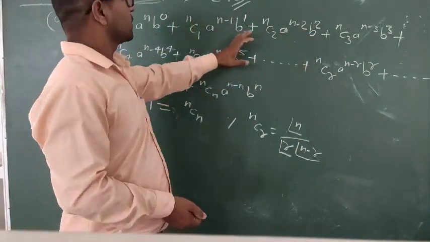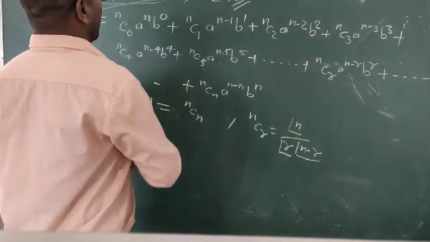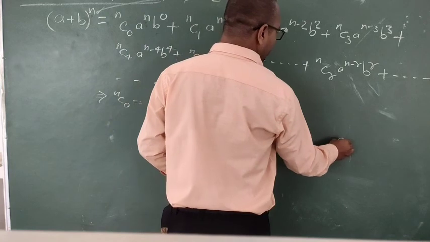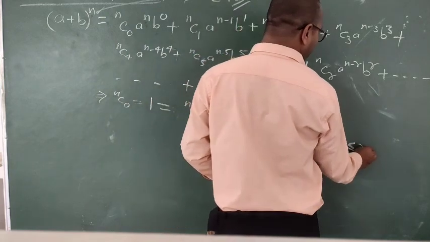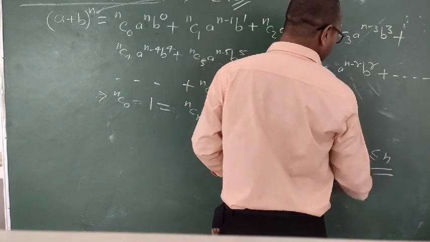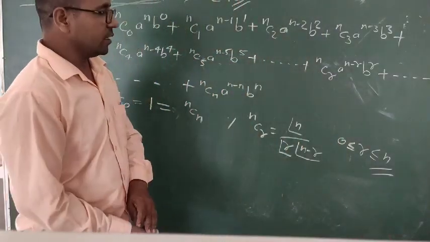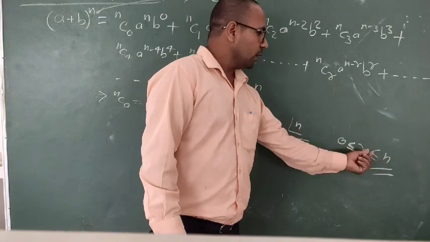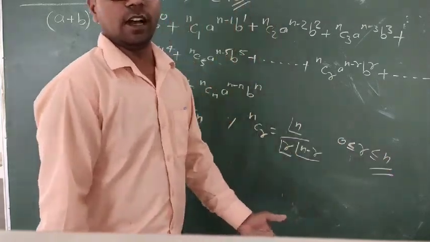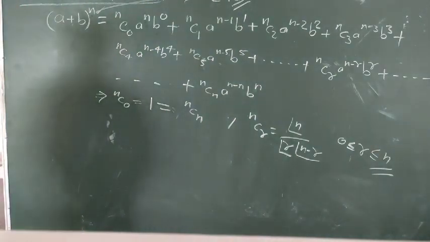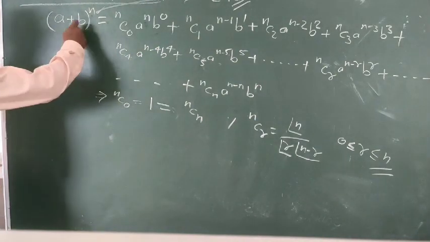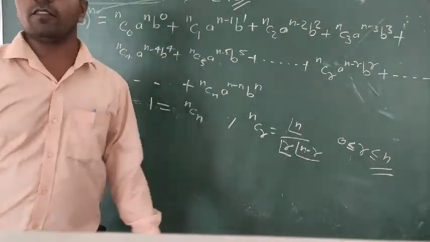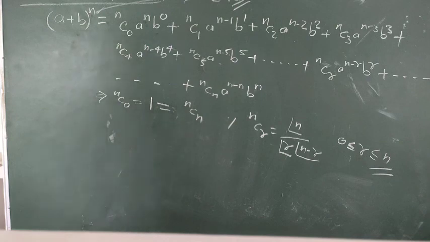So you can't proceed further because, as we have learned, in nCr, r should be either less than n or equal to n, in natural numbers only. Clear, students? In the same way you can put 1 also, and verify all the results which you have written just now.